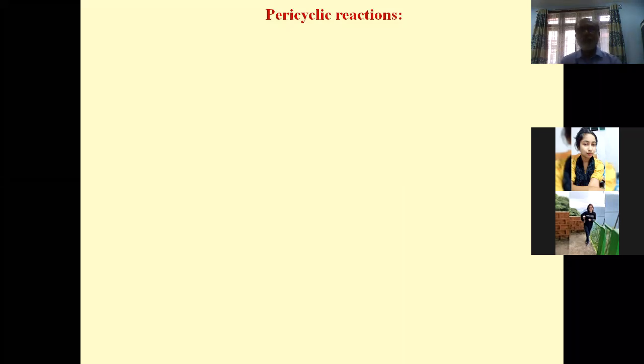The photochemistry and pericyclic reaction go together. You have to have some idea about photochemistry also when we study pericyclic reactions. But pericyclic reactions also take place in the presence of heat. But it is unusual, not a normal type of reaction that you have come across.